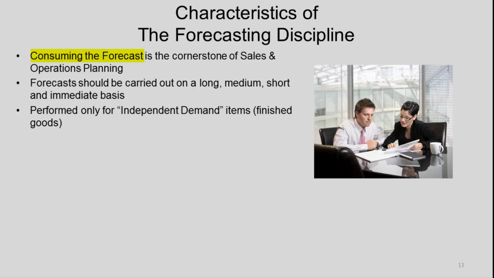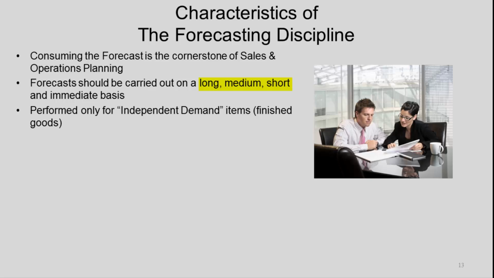Those are actual customer orders. We are consuming the forecast, our prediction of what was going to happen in the future, with actual orders. And that's what triggers the adjustments that we can make up or down in our sales and operations planning activity.